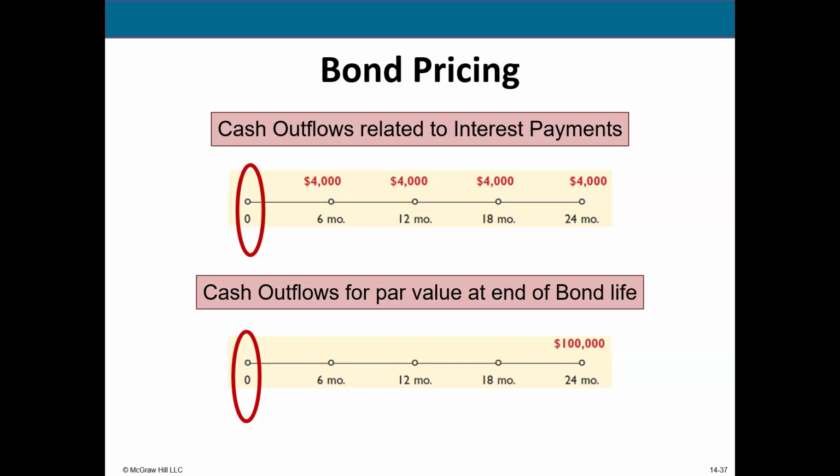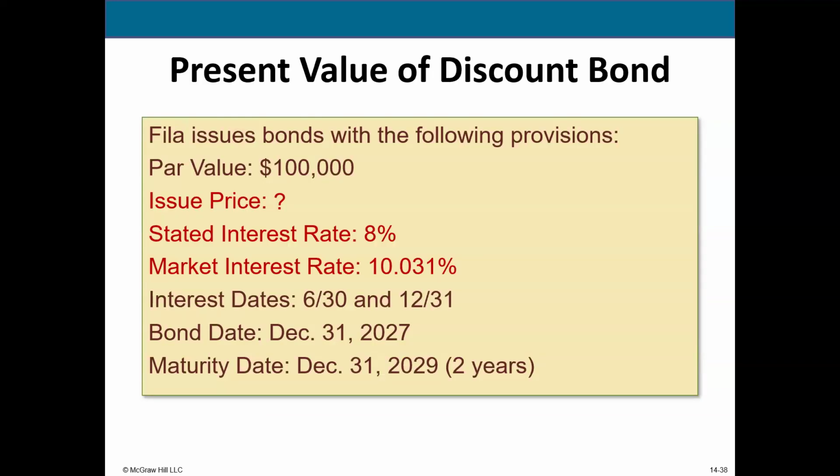And we can say that the interest or discount rate is used as the bond market rate. So here we have an example where we don't know what the issuing price is. The issuing price of the bond is found by taking the present value of the bond's cash payments, discounted at the discount rate. When we compute the present value, we work with semi-annual compounding periods because of the timeline that we just showed.